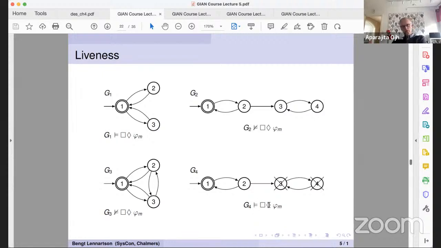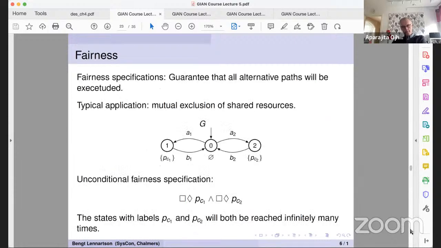Meaning that always eventually phi m. The third type of specification is what is called fairness, and that is specifically focused on this always eventually.